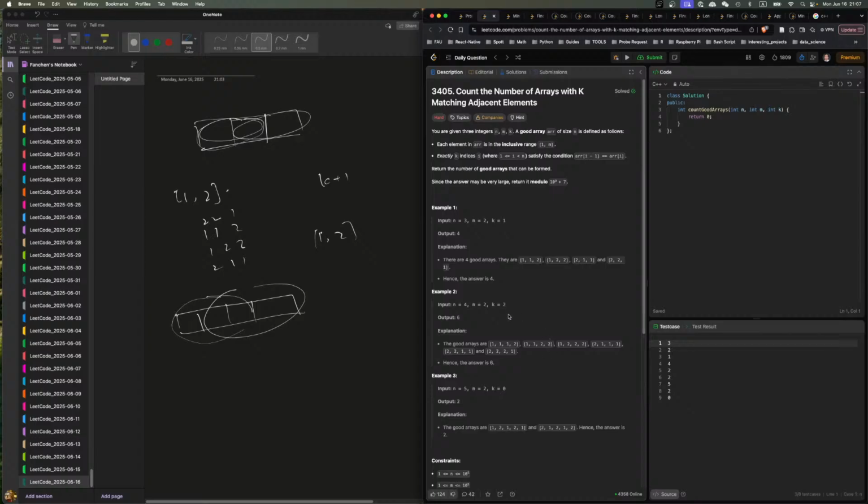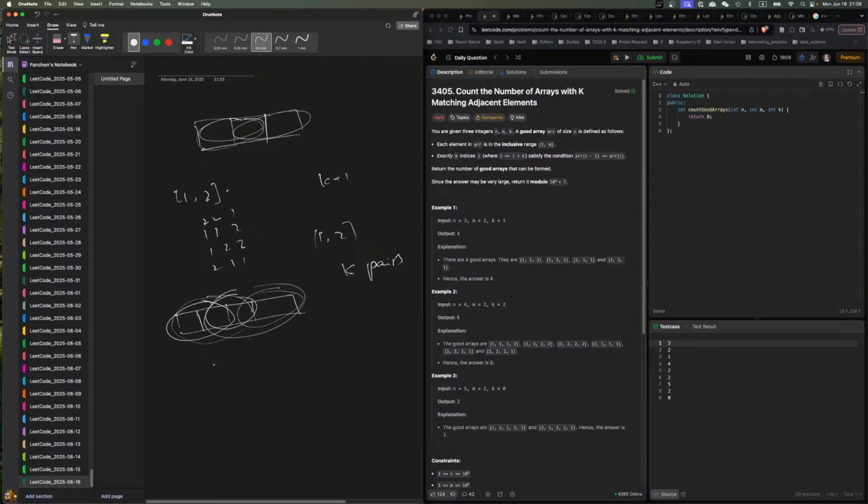Oh, it doesn't have to be consecutive. It's just pairs, right? I need to have k pairs. So this is like 2 pairs. So I can have this pair, this pair, this pair.